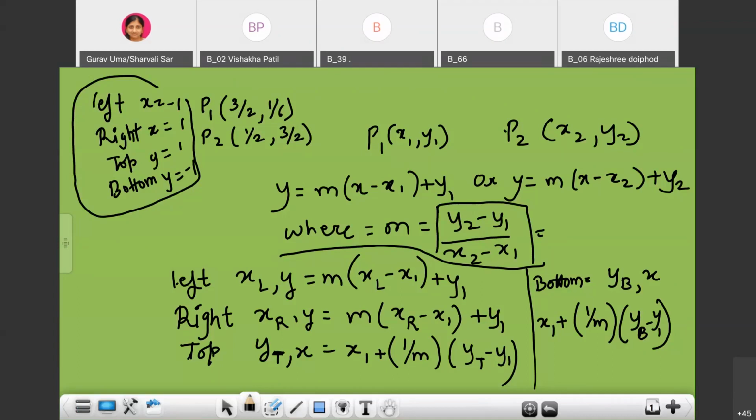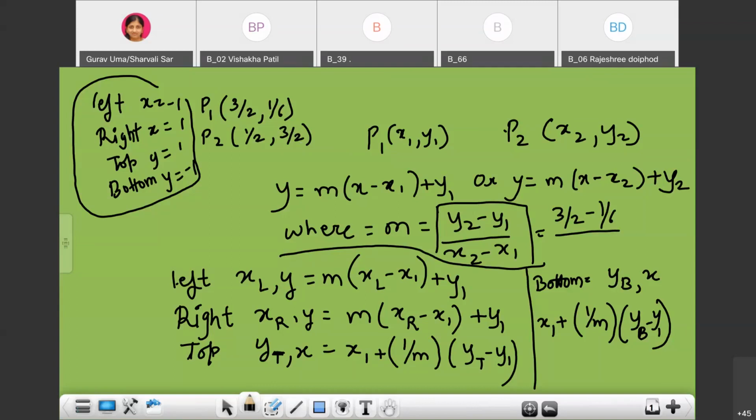What is the value of y2 in this case? See the points P1 having x1, y1 and P2 having x2, y2. So the value of y2 is 3/2. So I am writing here 3/2 minus y1, y1 is 1/6, divided by x2 minus x1.